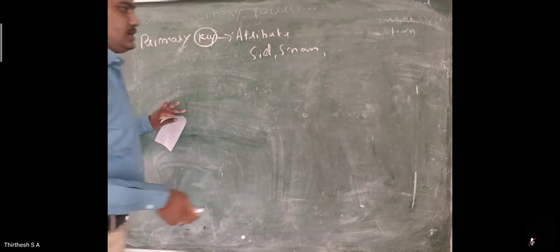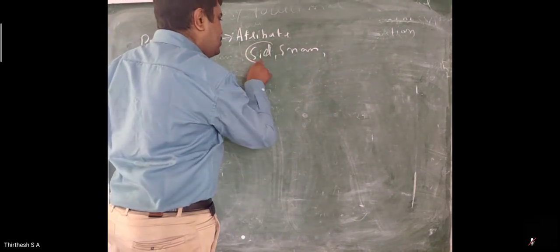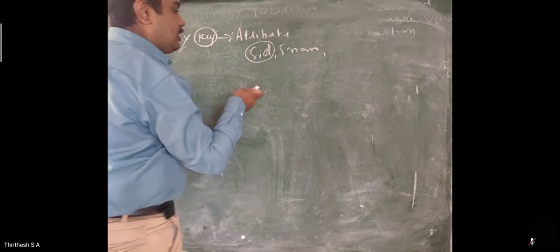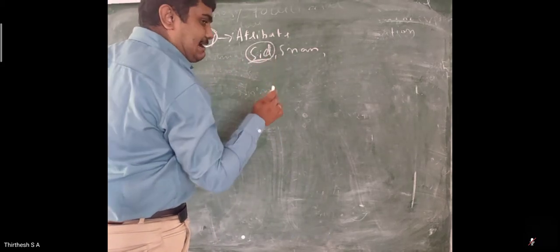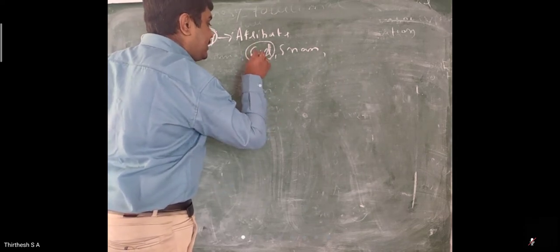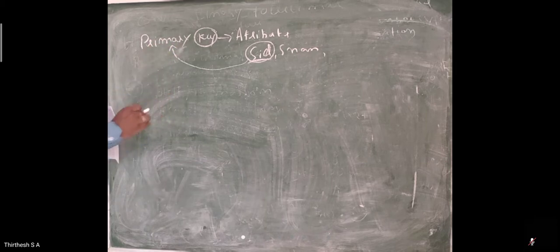Here we choose one kind of attribute which is not duplicated, and it should have a unique value. Such a unique key in a table is known as the primary key.